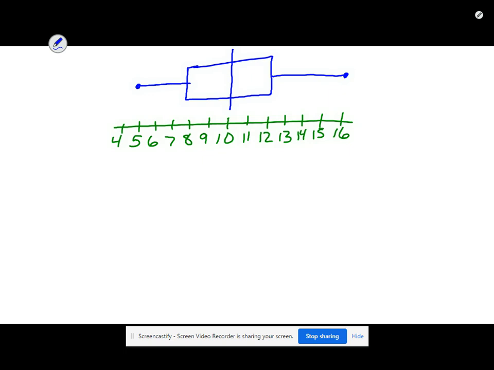So what do those lines mean? Who can tell me what the median of my data points are? Think about where would I find the median. What do you think, Brian? Would it be 10? It would. This middle line is my median.